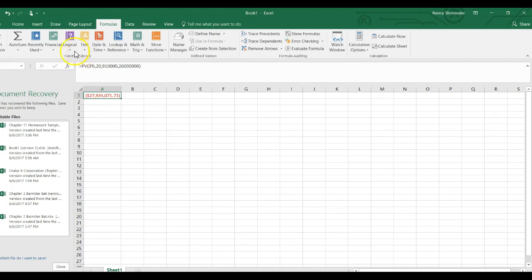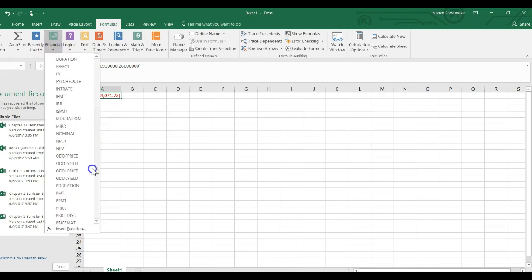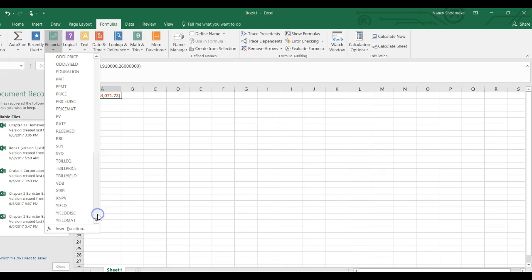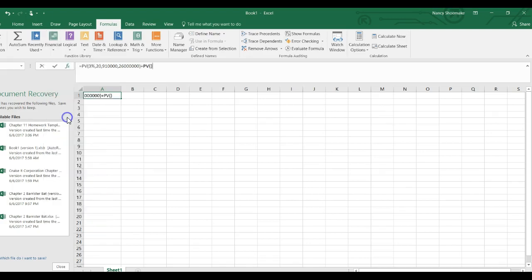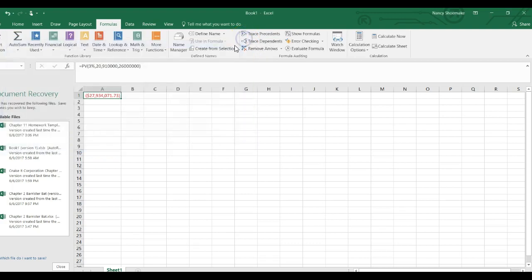So again, it's using the financial calculator or the financial formula, present value, and you'll just want to input the necessary information in the applicable areas.